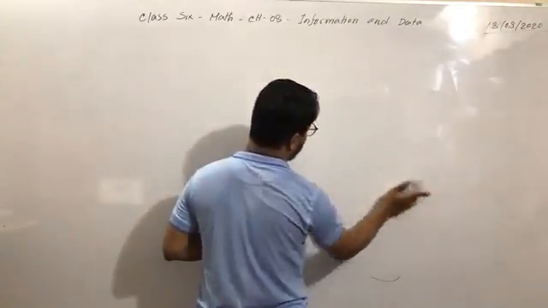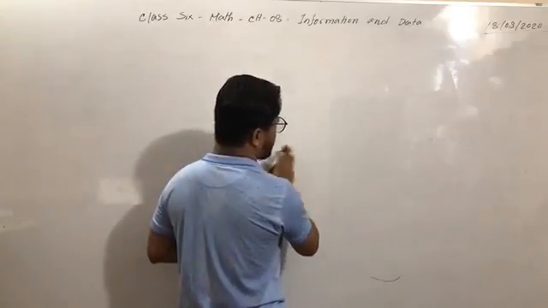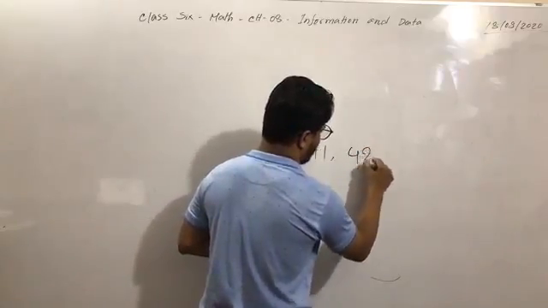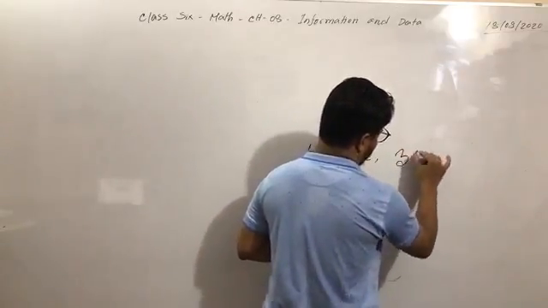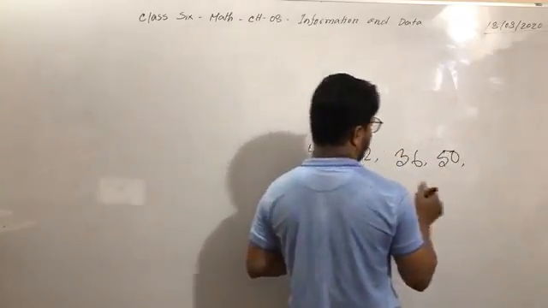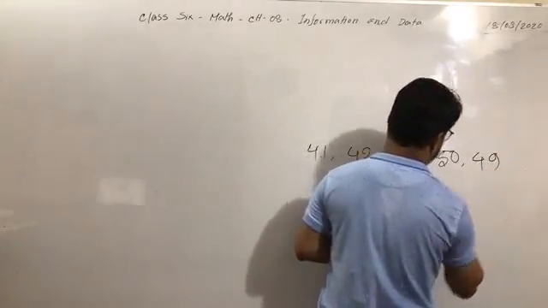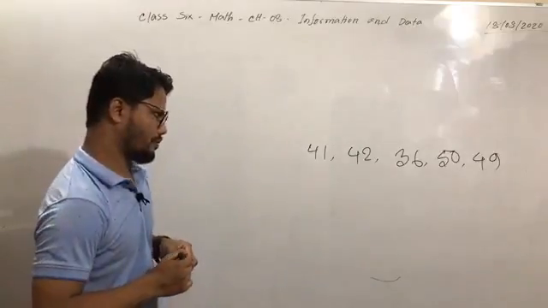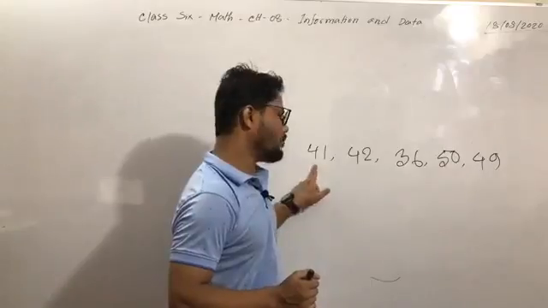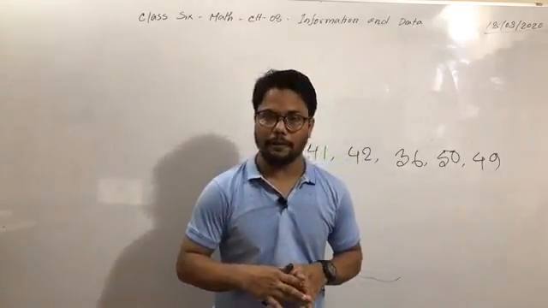Obtained marks of 5 students in your class, like out of 50: 41, 42, 36, 50, and 49. Obtained marks of MCQ in mathematics, the 5 students are given here.